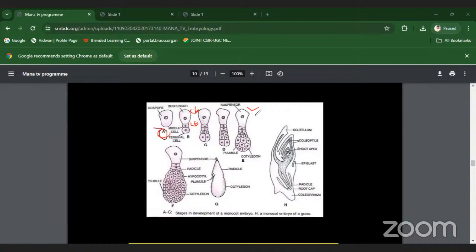Due to one longitudinal and transverse division in the terminal cell of the proembryo, a quadrant is formed. The basal cell finally settles as a suspensor, as only a single cell expanded.